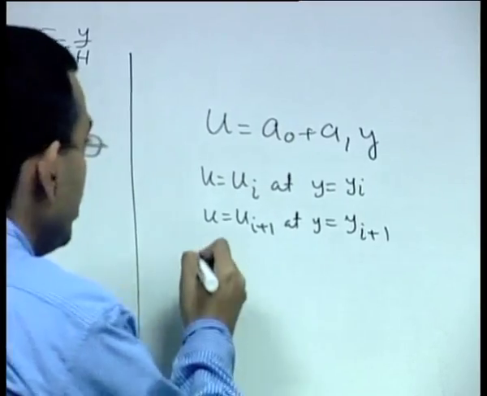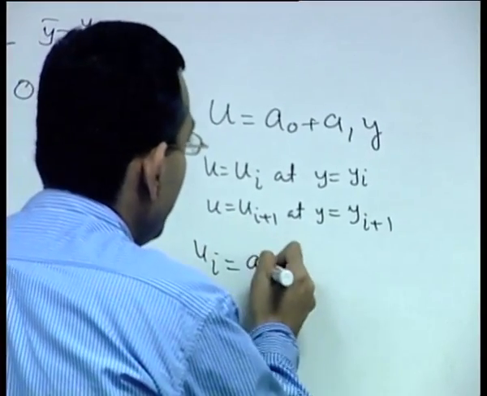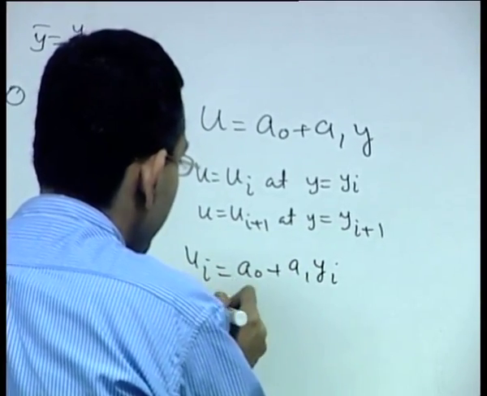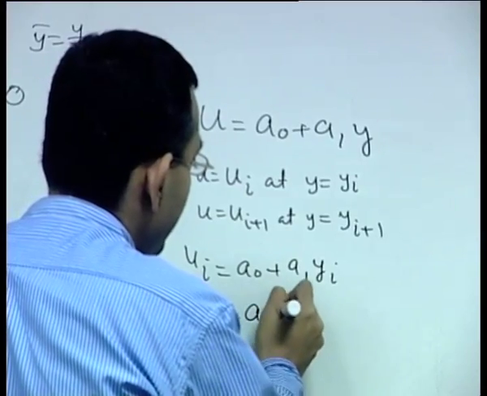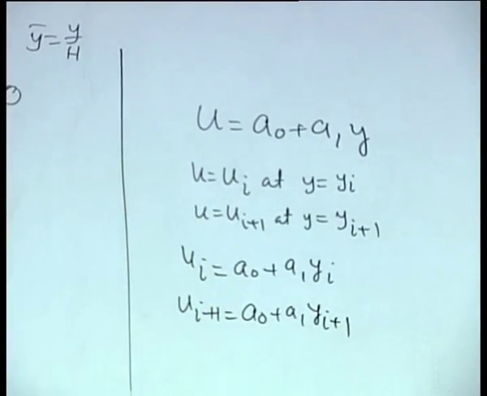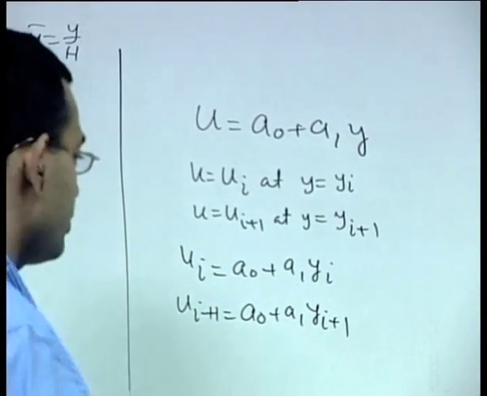So, ui is equal to a0 plus a1 yi, and ui plus 1 is equal to a0 plus a1 yi plus 1. From these two we can find out a0 and a1.